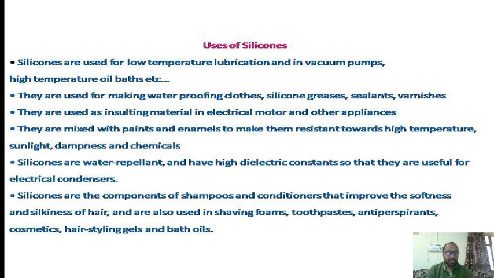They can be used as insulating material in electric motors and other electric appliances. They can be mixed with paints and enamel to make them resistant to high temperature, sunlight, dampness, and chemicals. They have a high dielectric constant, so they are useful for electrical condensers.